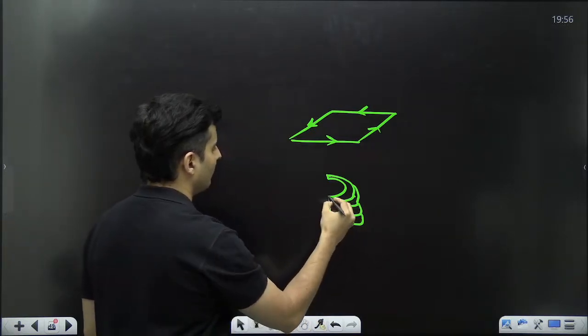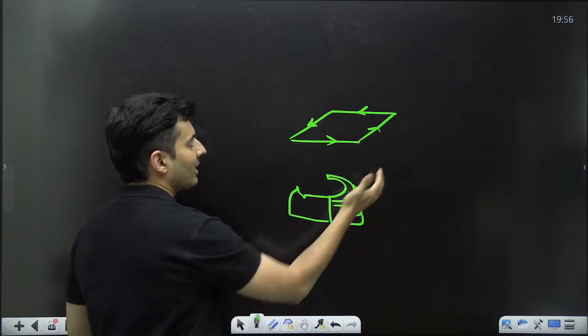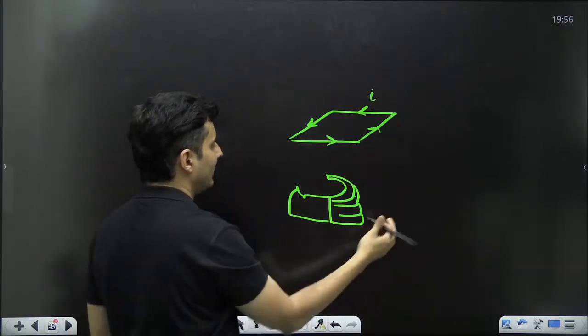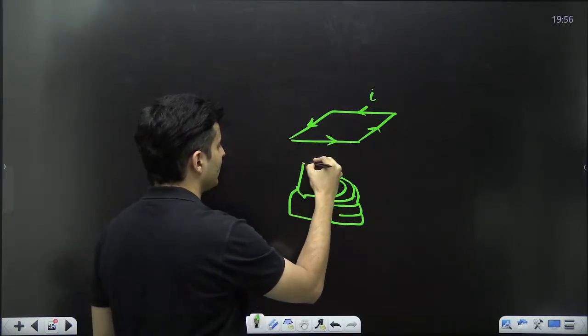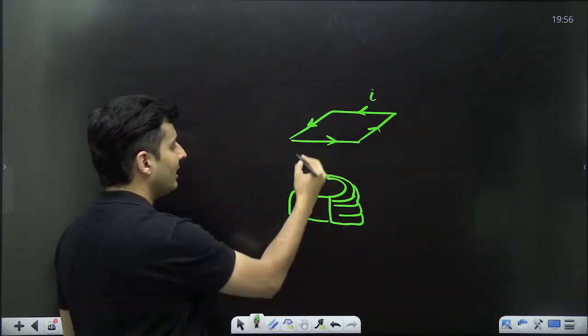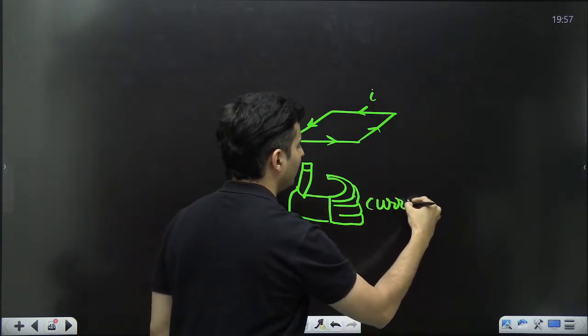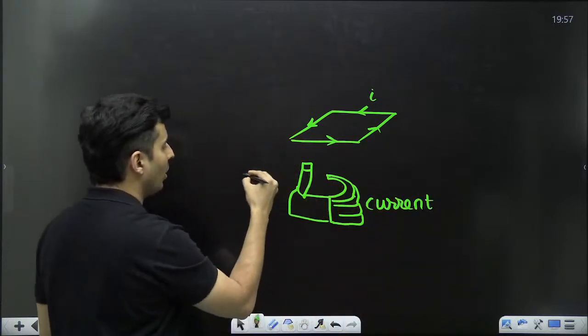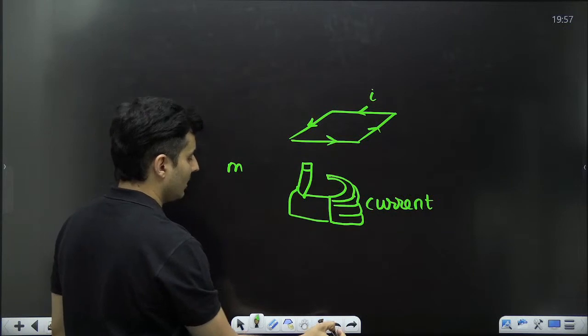You will notice that your thumb will go in a particular direction. So if the curled fingers point in the direction of the current, the thumb points in the direction of the magnetic moment.